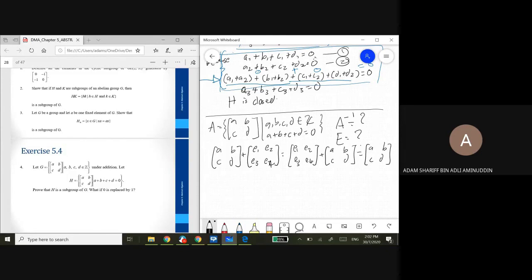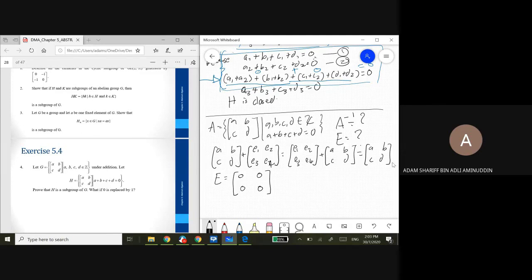Okay. The answer is very simple. Actually, the E is 0, 0, 0, 0. This is the identity for matrix addition. The identity for matrix multiplication is 1, 0, 0, 1.